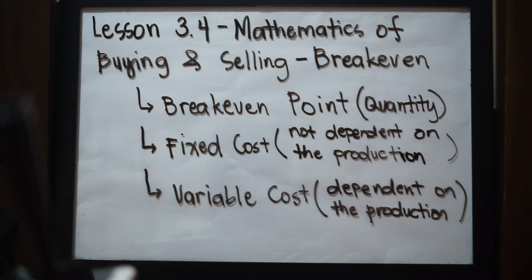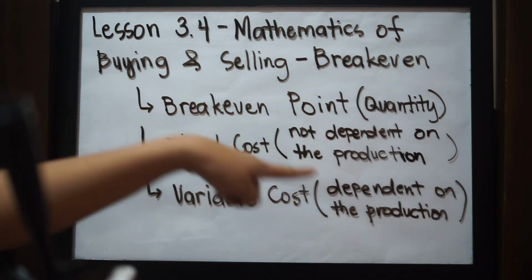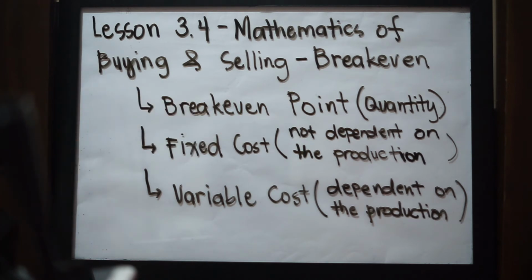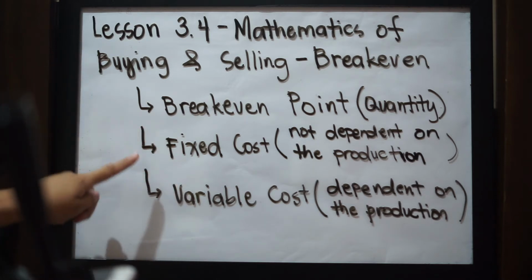So, yun yung mga fixed cost na tinatawag. Kailangan mo siyang pagkagastusan regardless kung ilan yung mapoproduce mong goods. Kaya nga dito, it is not dependent on the production. Regardless kung ilan yung maibenta mo, kailangan mong maglabas ng pera for this one.